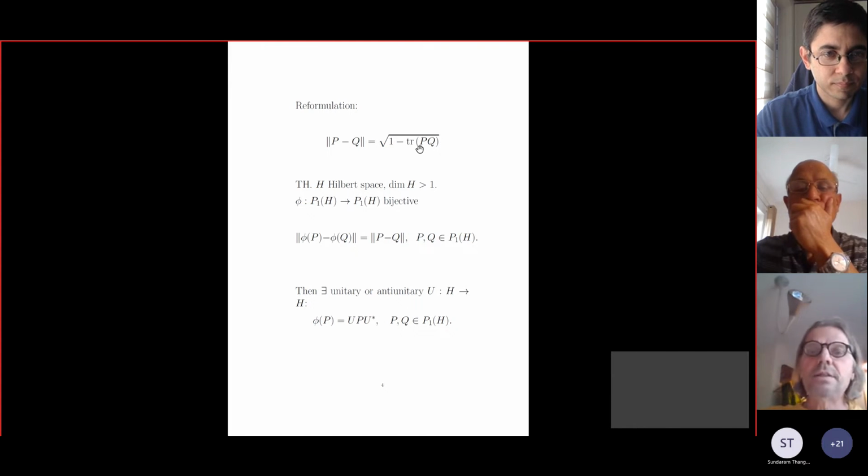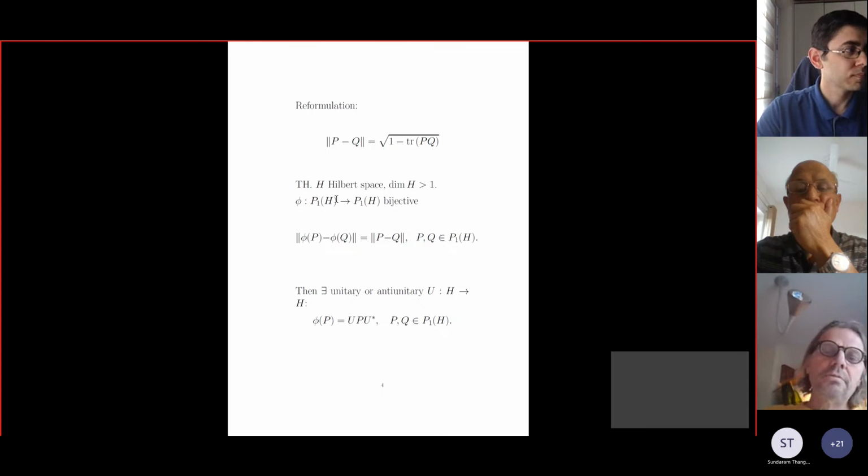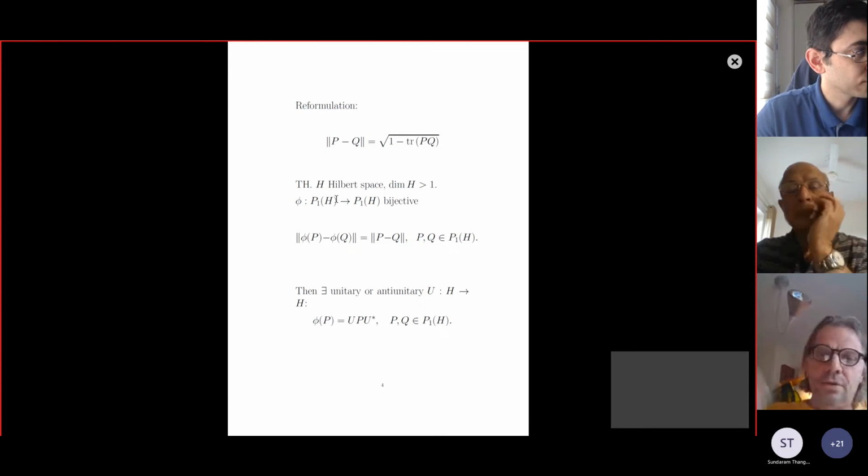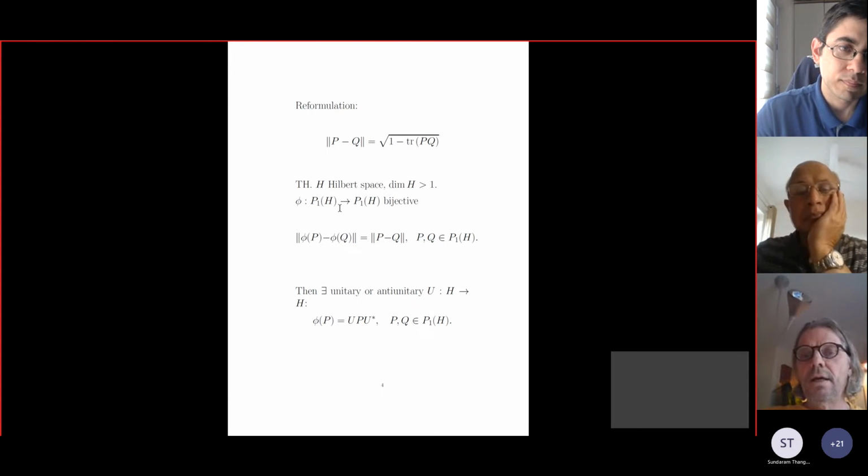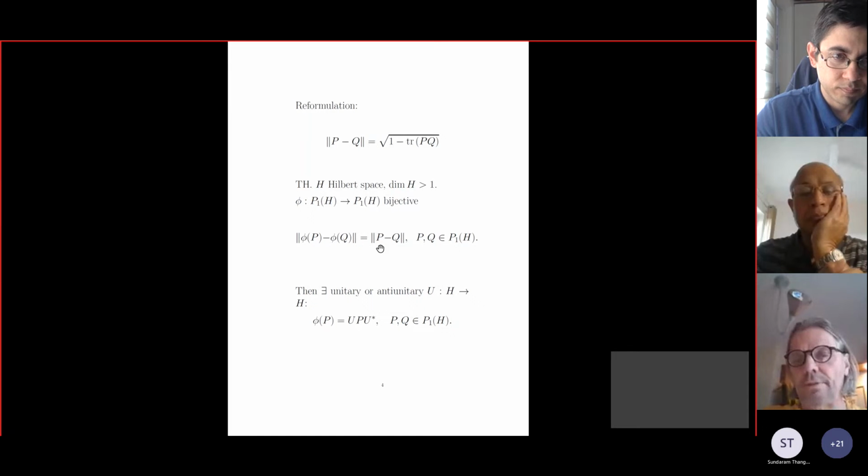So preserving transition probability is actually the same as preserving the distance. You can reformulate the theorem, that's all easy. Wigner's theorem: you consider bijective maps on projections of rank 1 that are isometries, and such maps have to be standard. It's just a reformulation, nothing new.